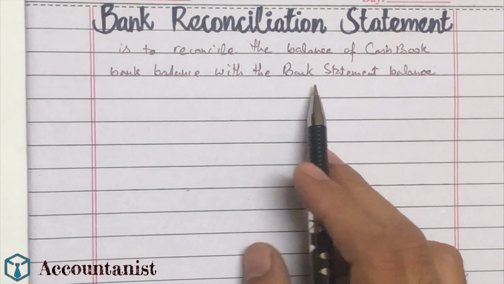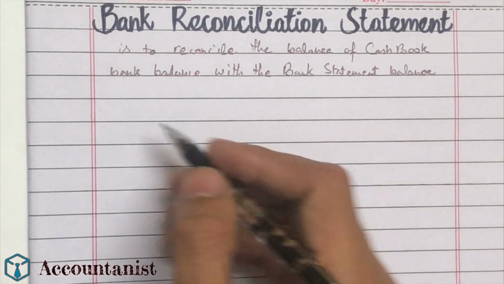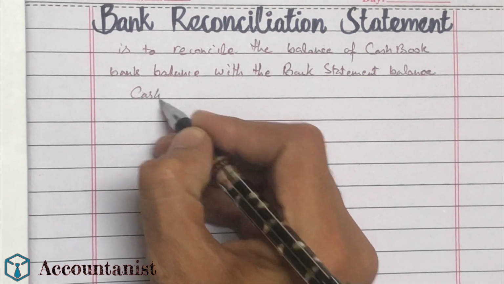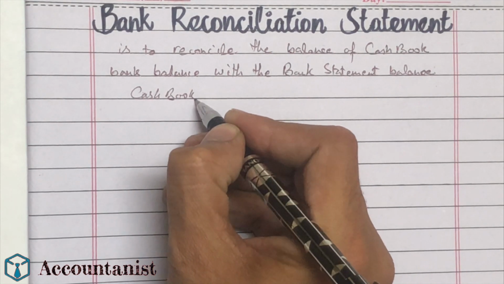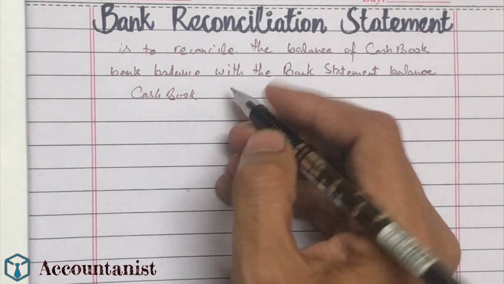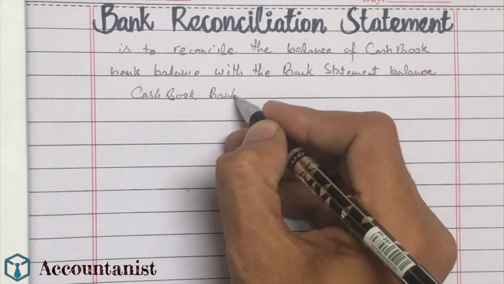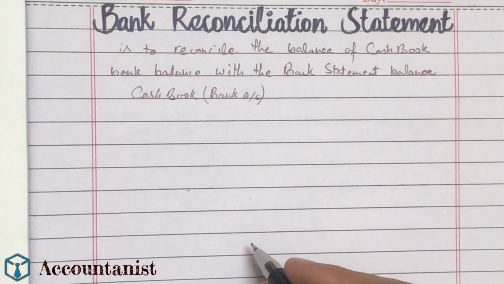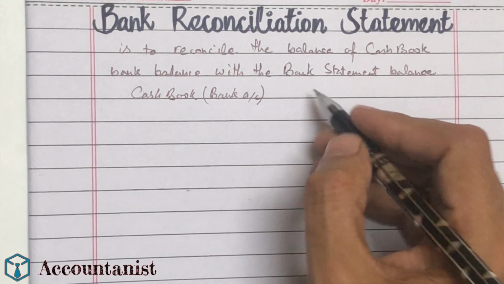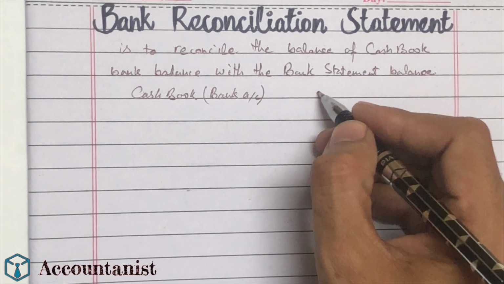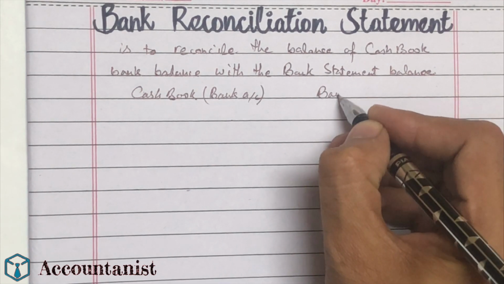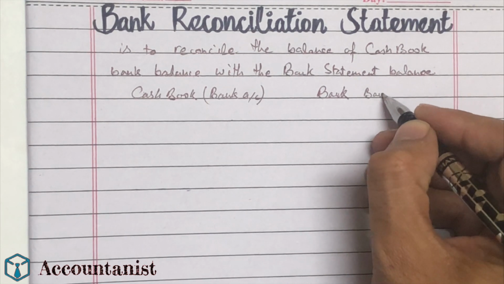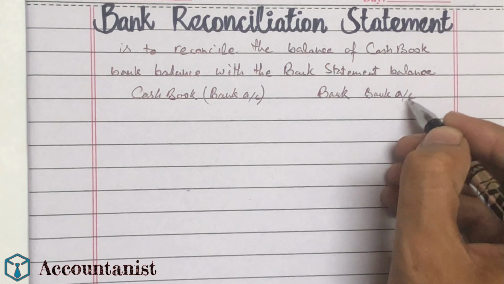So I would like to write down the differences here. The cash book is the book that we prepare, in which we make the bank account, and similarly the bank prepares our bank account in the bank statement.